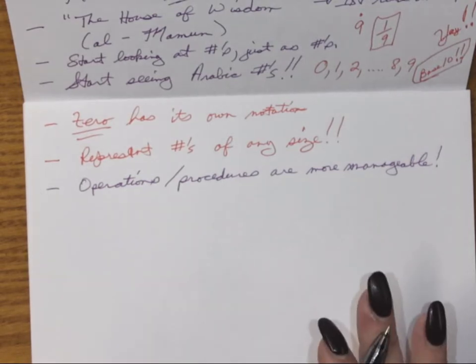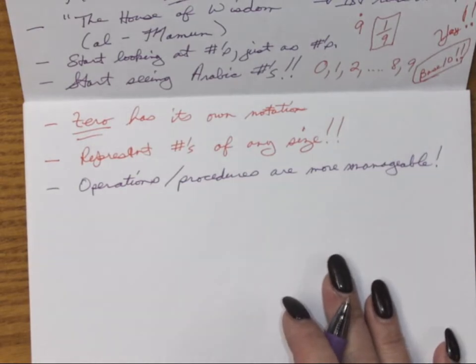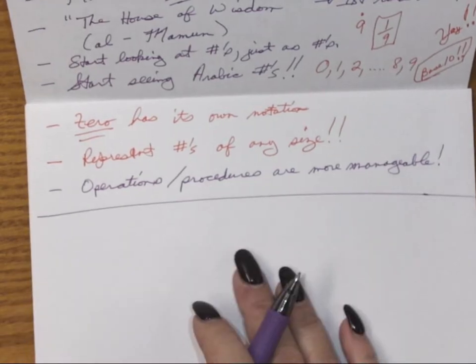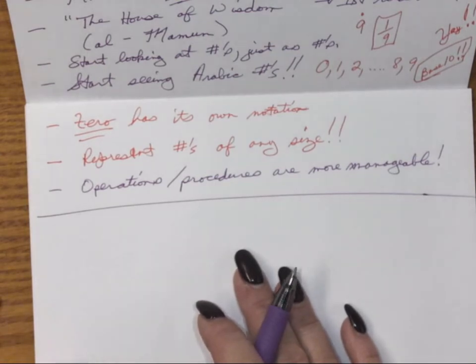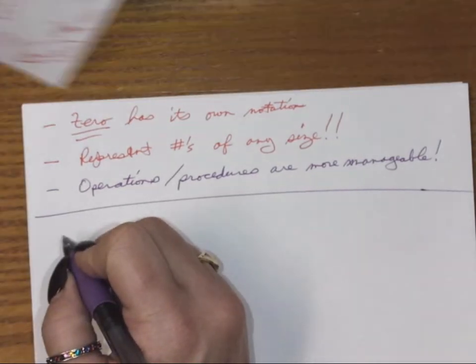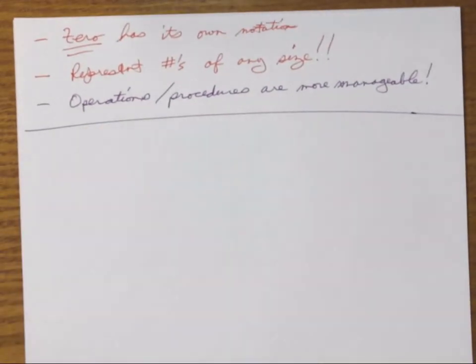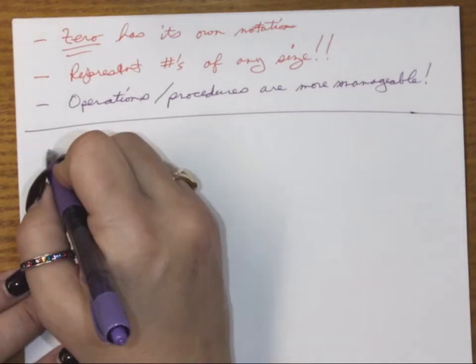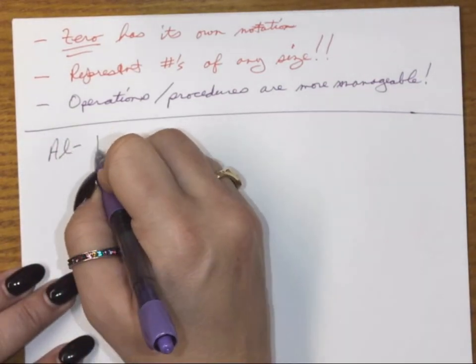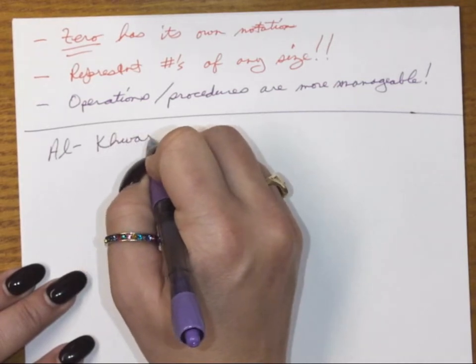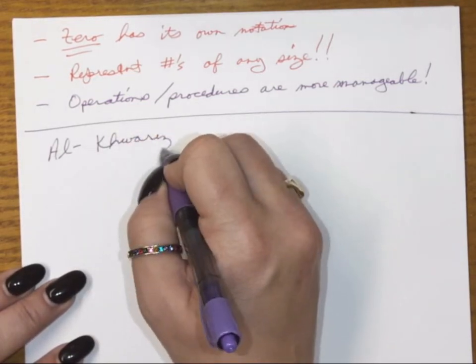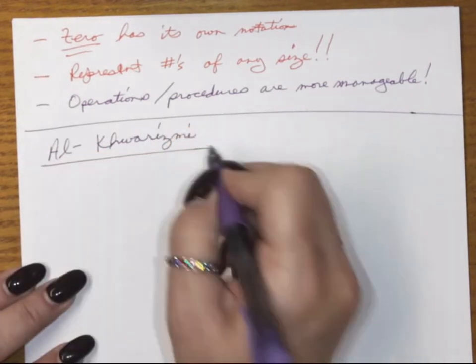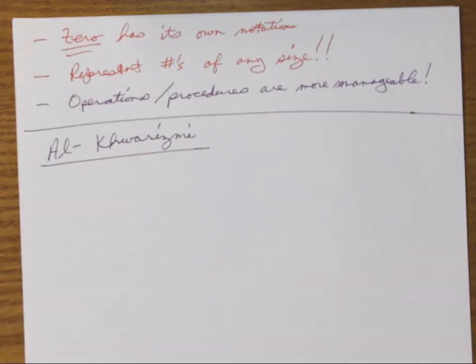Okay, so issues. All right, so I want to talk at least about one of our Arab guys tonight. So I'm going to talk about Al-Khwarizmi, and depending on what book you're looking at and where you're looking, he'll have his name spelled, I've seen it like probably 5 different ways. So please forgive me if this is not the spelling in the book that you have.